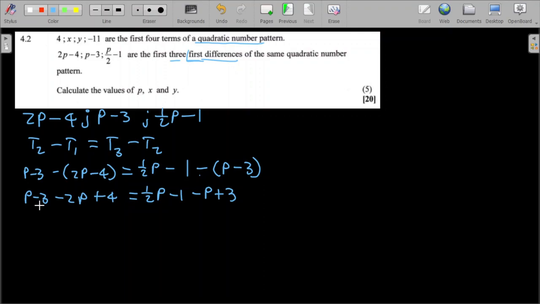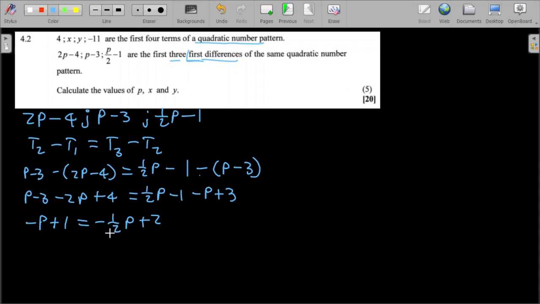And then from here, I can collect the like terms of p, which gives me negative p, and negative 3 plus 4 gives me positive 1, equals 1 over 2p minus 1, which gives me negative 1 over 2p, and then negative 1 plus 3 gives me a positive 2.